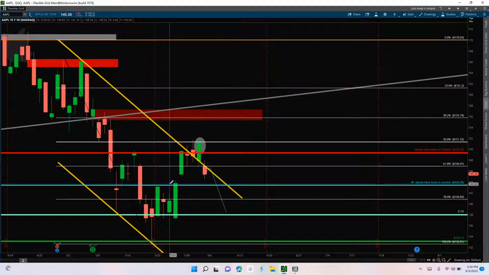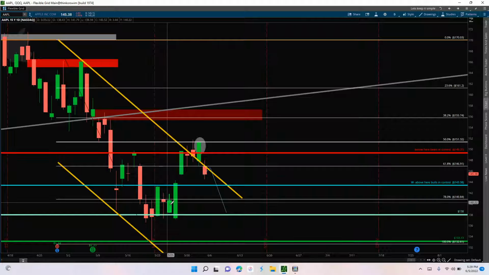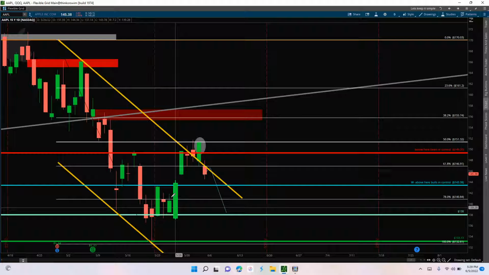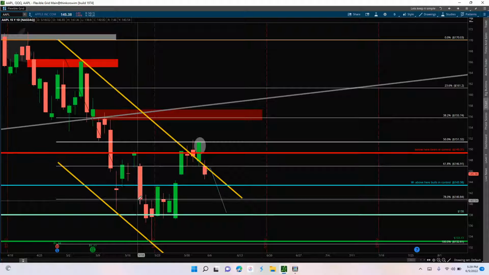So a trend line that is touched more than twice is significant. Look at this trend line. That's actually a fib. But look how it automatically placed it here. Look how many times it was touched. See?